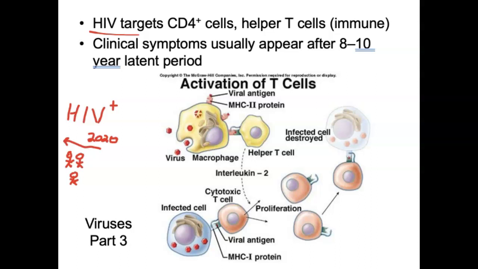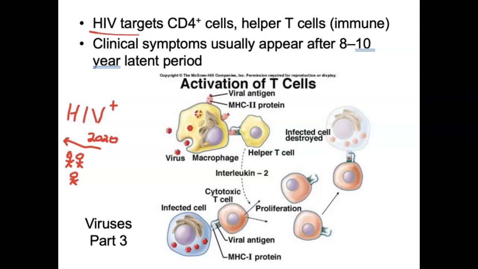All right, so last lecture we were talking about HIV and the general concerns or problems with it and how it attaches to those CD4 or those CCR5 receptors and targets the CD4 cells, which primarily are the helper cells in your immune system. So it's a huge problem.